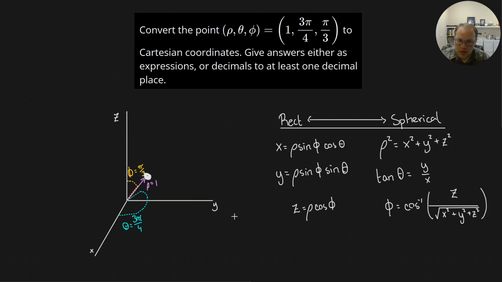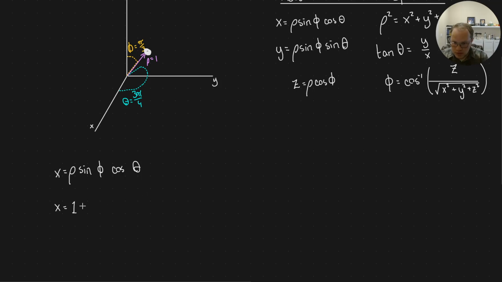Rho was 1, phi is pi over 3, and theta is 3 pi over 4. So sine of pi over 3, cosine of 3 pi over 4. So we're going to need to find sine of pi over 3, and we're going to need to find cosine of 3 pi over 4.